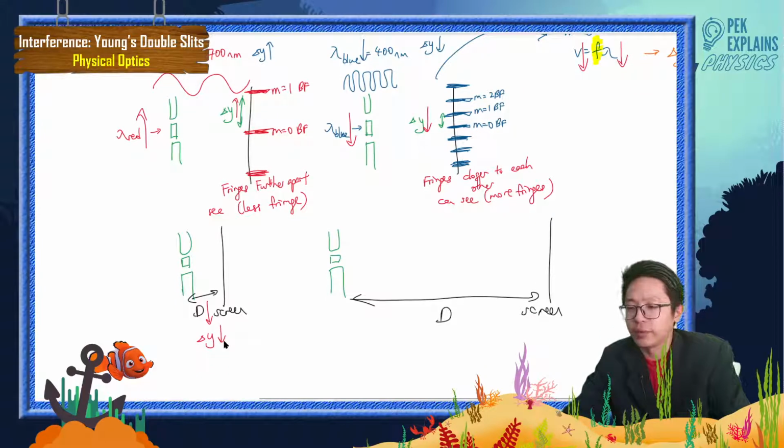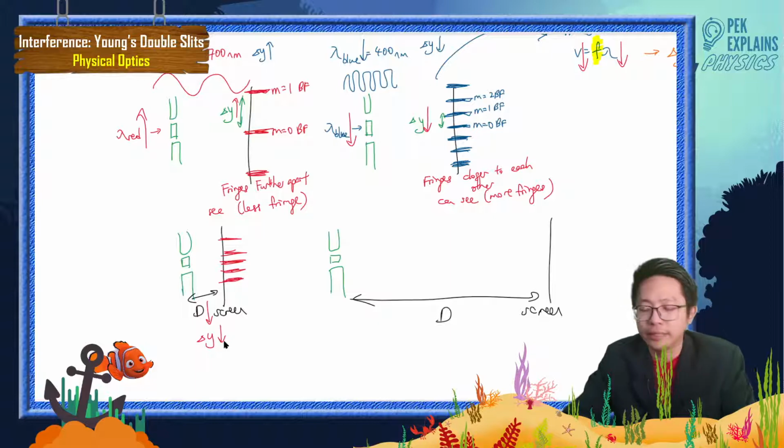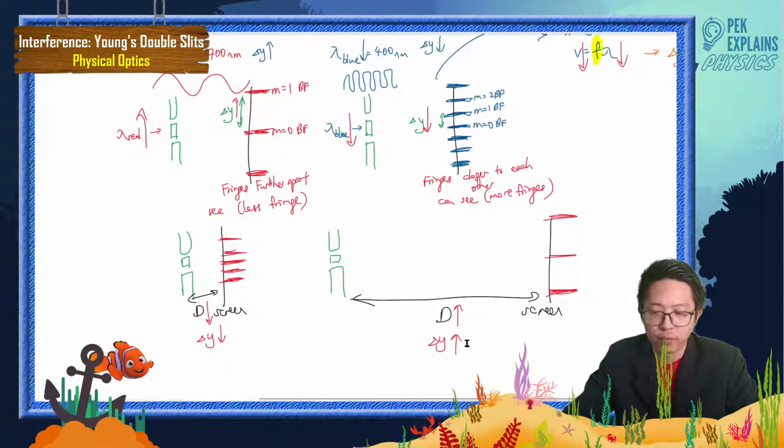You can see delta y is very small. If the D is very big, then surely you can see the fringes much further apart, and the delta y also becomes bigger. If the screen is closer, you see fringes closer to each other. If the big D is further away, the delta y also becomes bigger.